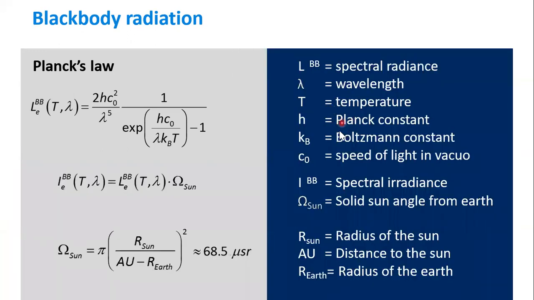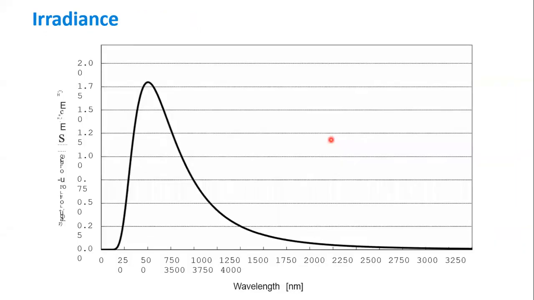So this is the black body radiation, and this is the equation. Of course, as I mentioned, this is beyond our scope in this course. This is just for your information. Okay, so this is our solar spectrum.